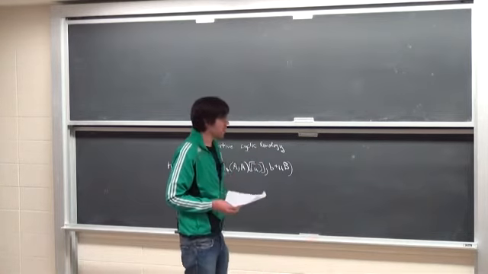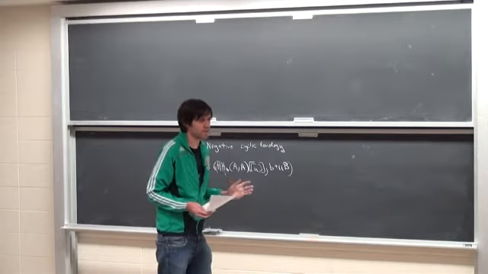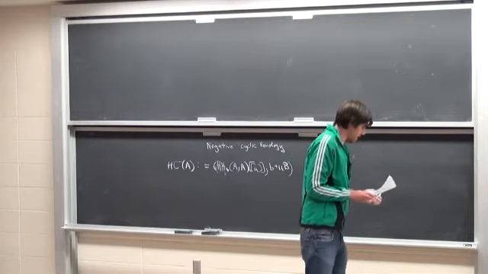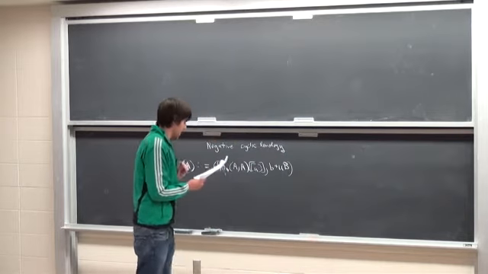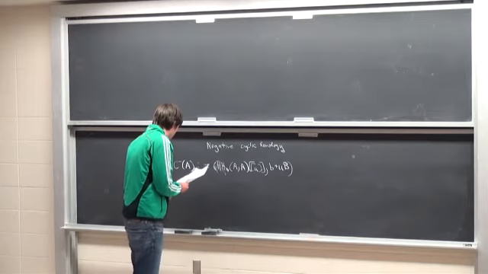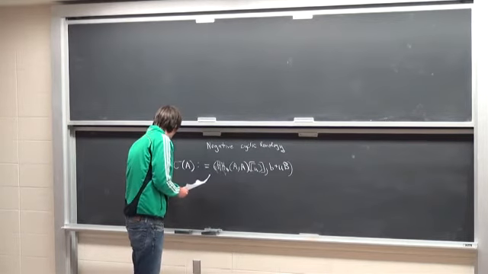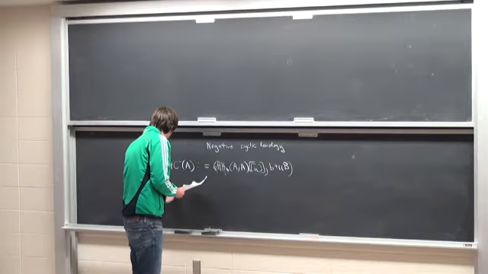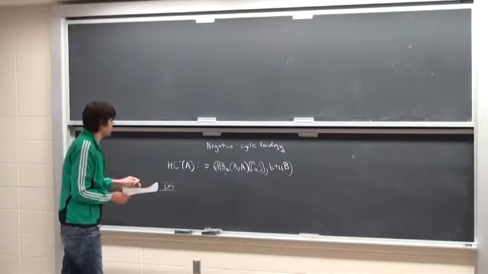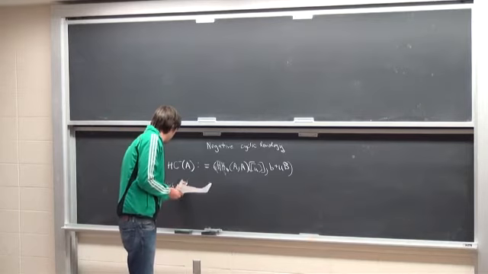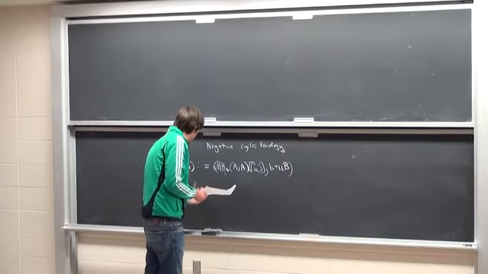Now this is all building towards a definition, which is that we say that A has an n Calabi-Yau structure.